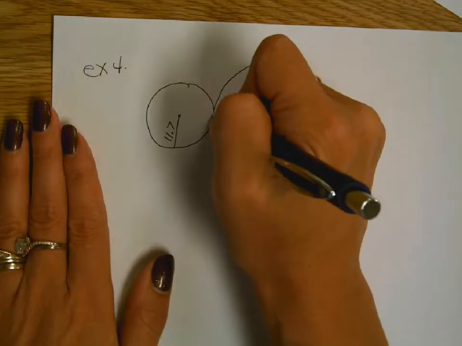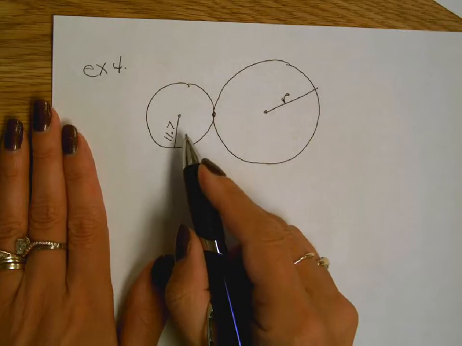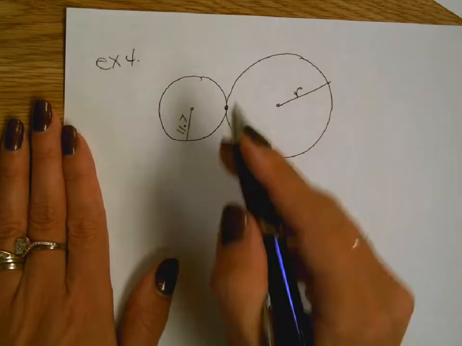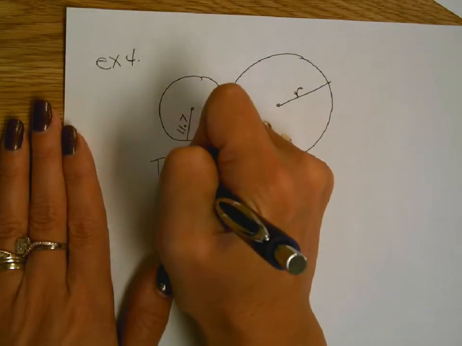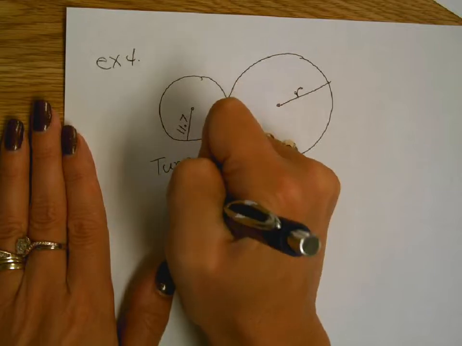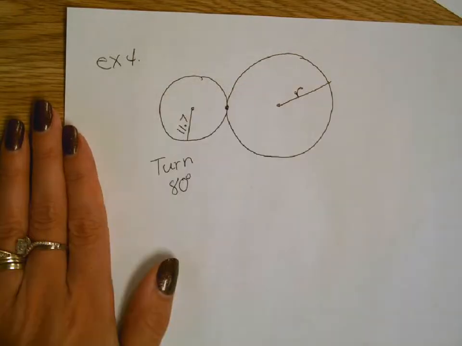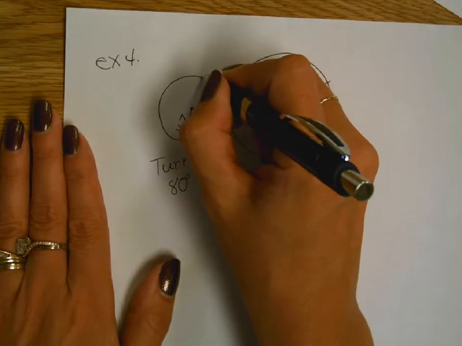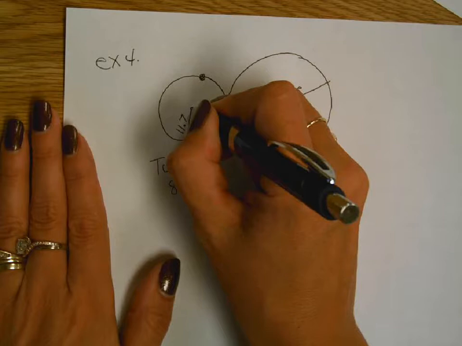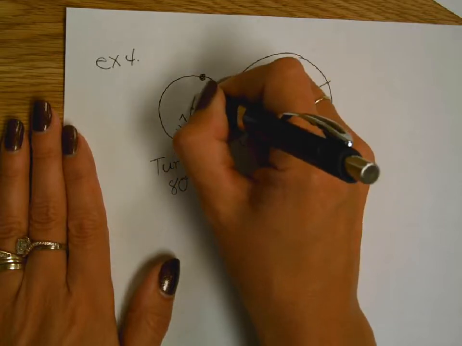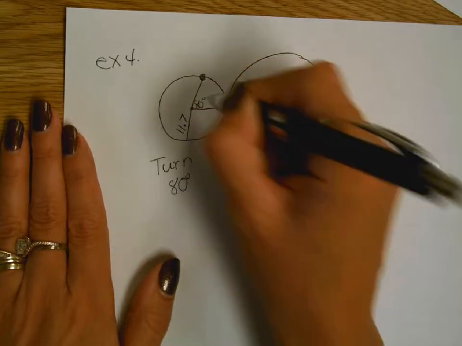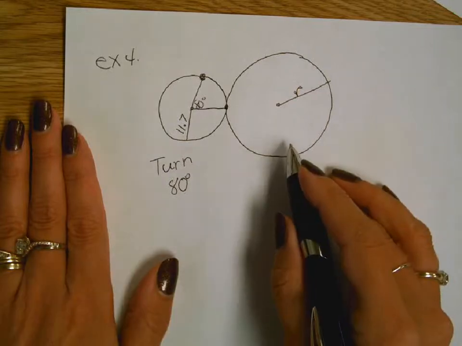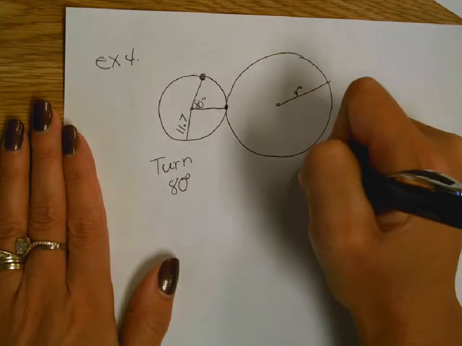So they're in contact here. If I turn the small one 80 degrees, so if I was to take this point, crank it up to the 80-degree spot, this one will turn 50 degrees.